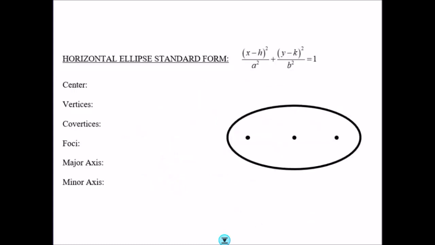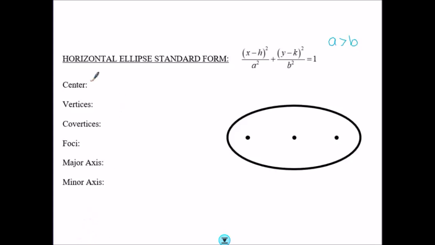As mentioned earlier, standard form for a horizontal ellipse is x minus h squared over a squared plus y minus k squared over b squared equals 1. And we are always going to have a greater than b.